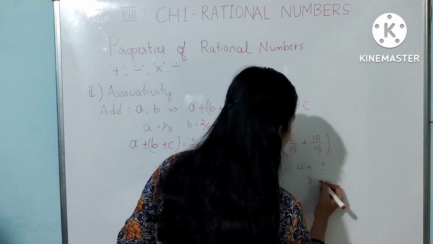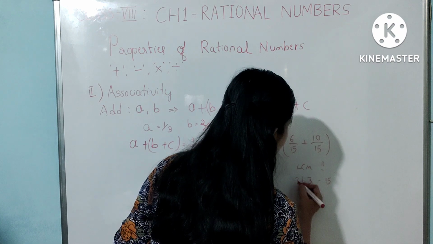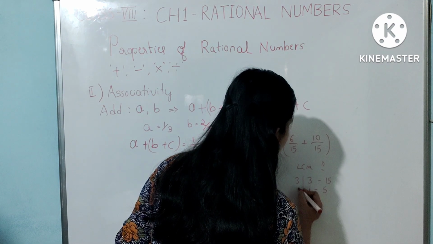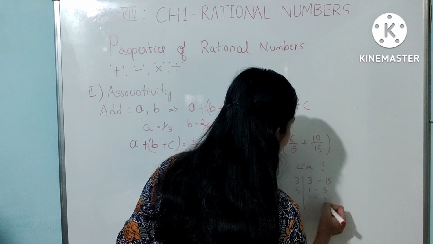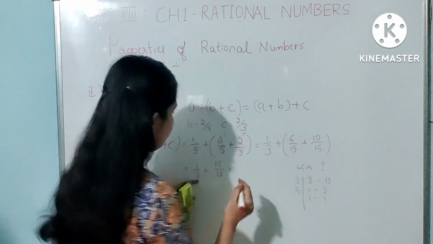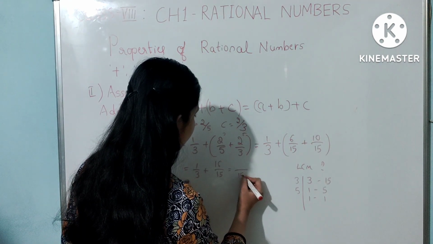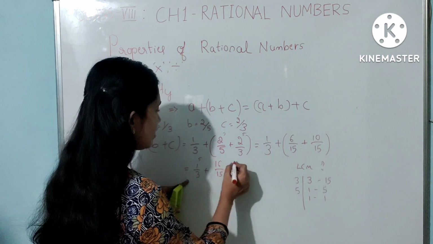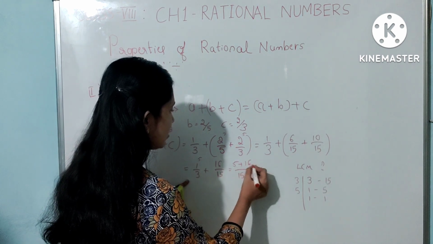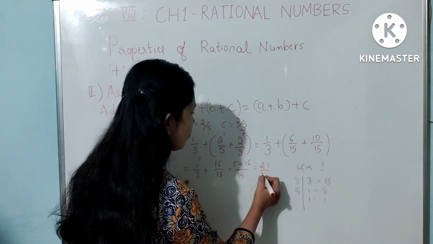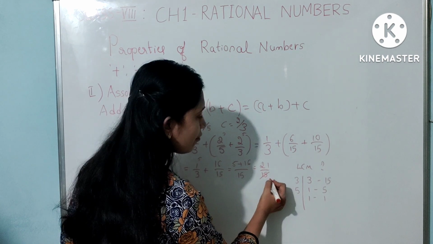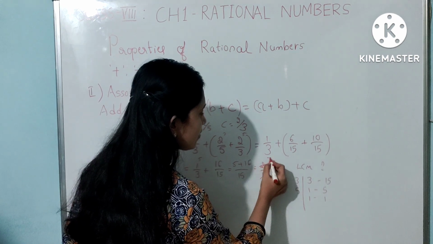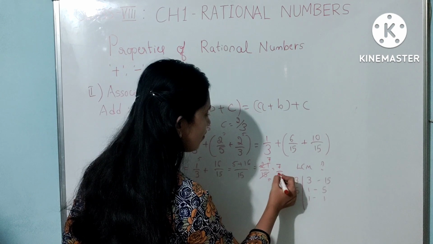It is again 15. So 3 fives are 15. So 5 plus 16, that is 21 by 15. 3 fives are 15, 3 sevens are 21. So 7 by 5.